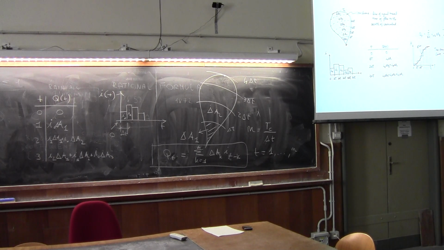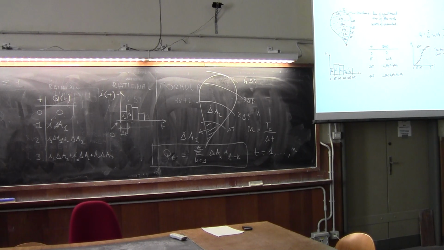Correct? The first term. Basically, I'm just writing down the whole summation starting from K equal to 1. So delta AK becomes delta A1, and I5 minus K becomes I4.